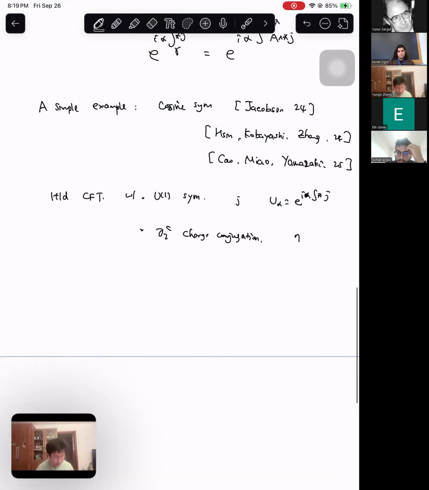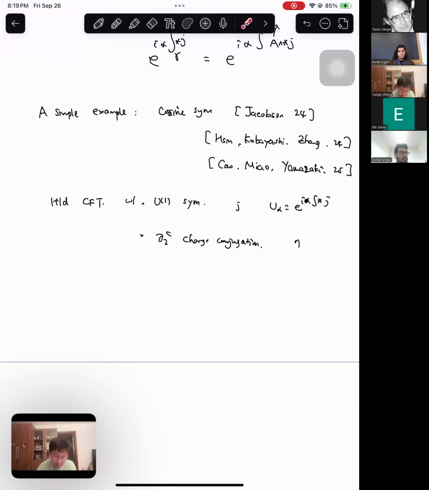The reason why I call it charge conjugation, not just a random Z2 symmetry, is because this Z2 symmetry has a non-trivial interplay with the U1 symmetry. The interplay is that the Z2 symmetry flips the charge of the U1, and it also flips the current.